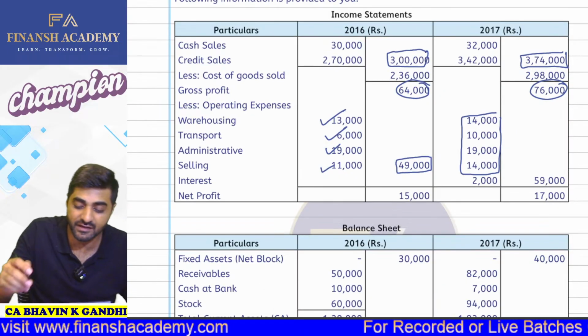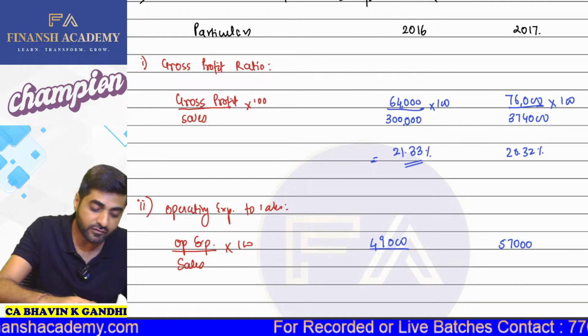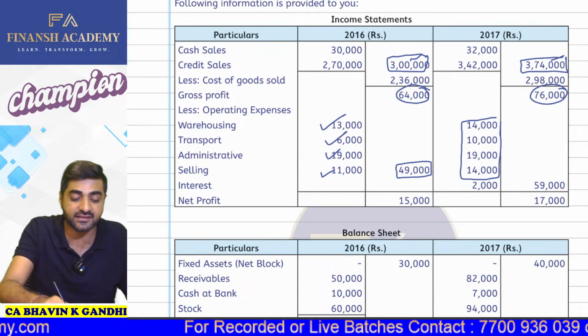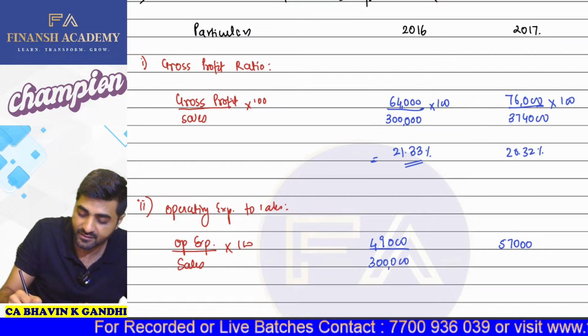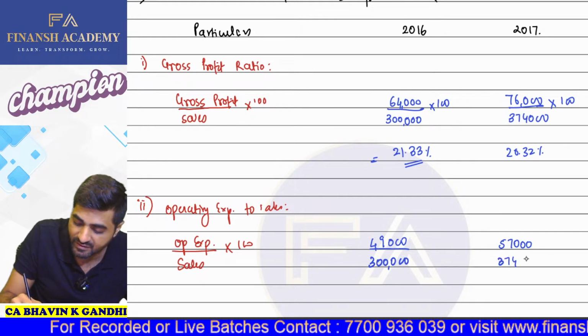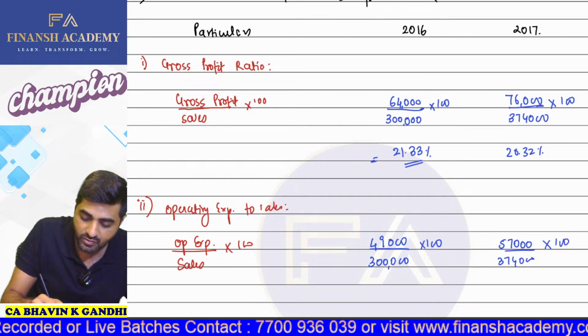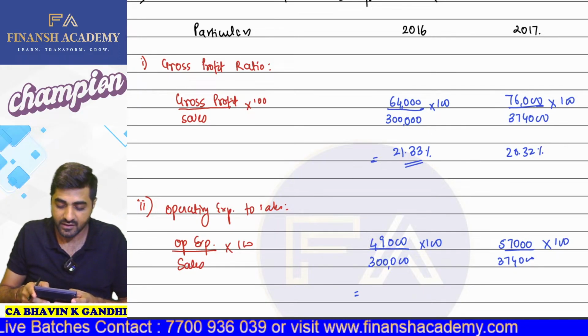And my dear students, we have to divide this by the amount of total sales, because it's operating expense to sales. So do we have the total sales? Yes, 3 lakhs and 3,74,000. So this will be 3 lakhs and this will be 3,74,000. So this data is sufficient for you. 49,000 divided by 3 lakhs into 100.